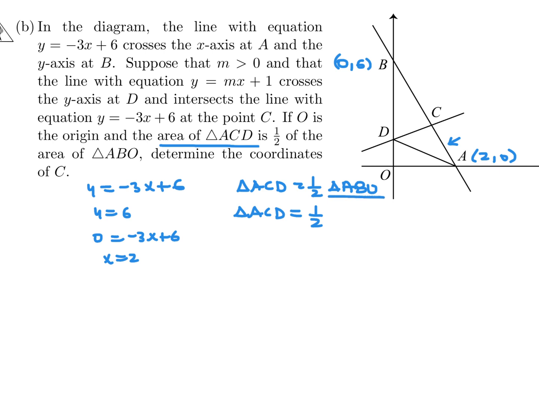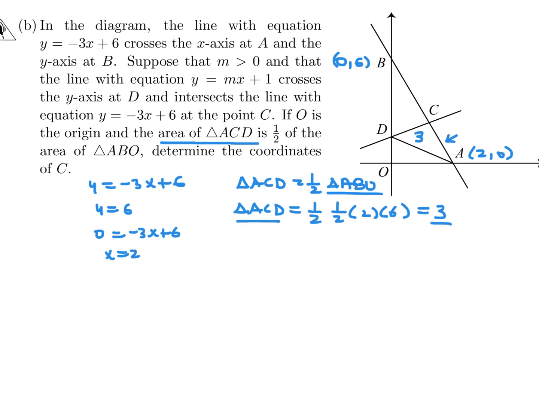ABO would be 1/2 base times height. The base is 2 and the height is 6, so that is 6 over 2, which is 3. ACD, so let me just put that 3 in there. That triangle has an area of 3.